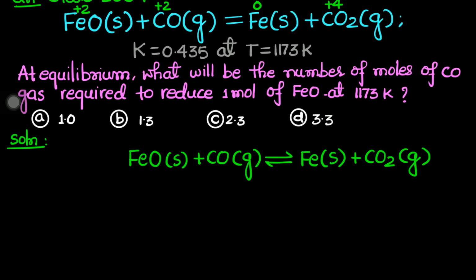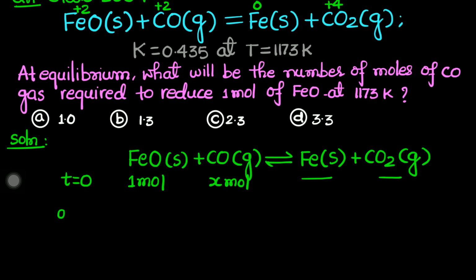Now initially at t equal to 0 we have taken 1 mole of FeO, and we have to calculate the initial moles of carbon monoxide that is taken. Let's say we take x mole of carbon monoxide. Now this will be 0 and this will be 0.